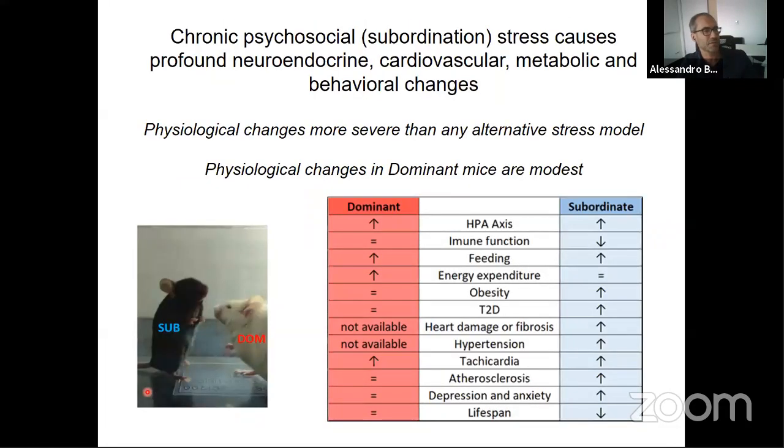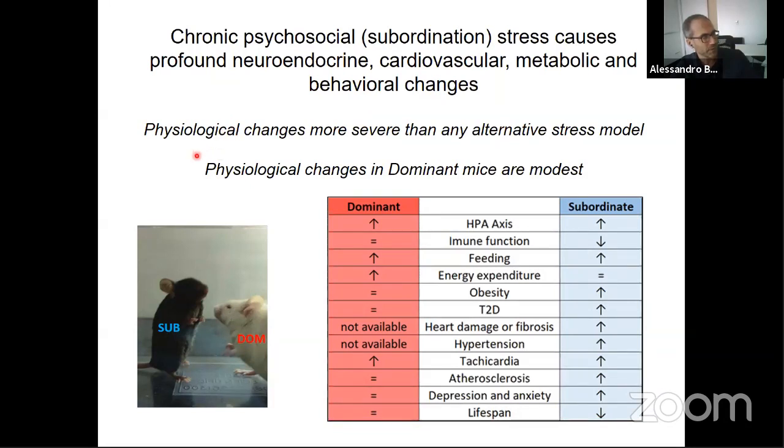So why this model and what do we know of this model? This is just a summary table of, as Ebru pointed out, about 20 years of work. We have been measuring a number of physiological functions, and kind of a punchline of this story is that the subordinate animal, in this chronic stress, will show major physiological changes: major neuroendocrine changes, HPA axis and catecholamines, cardiovascular imbalance, metabolic and behavioral changes.